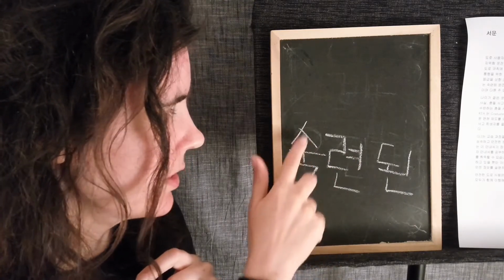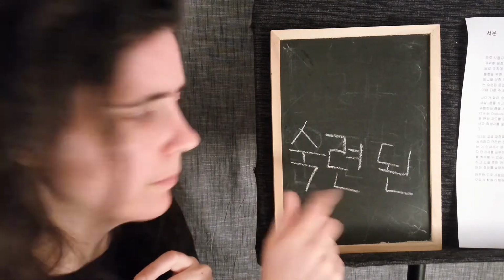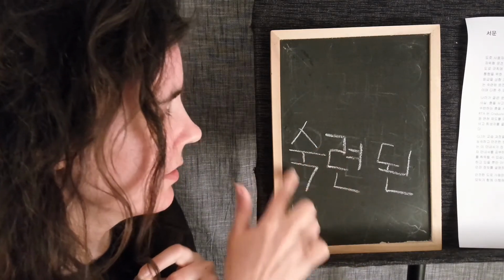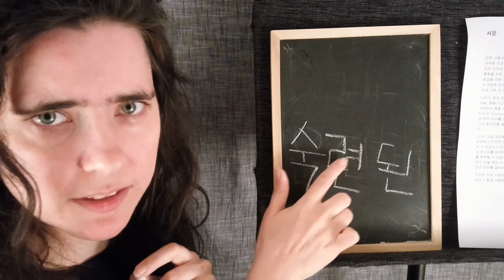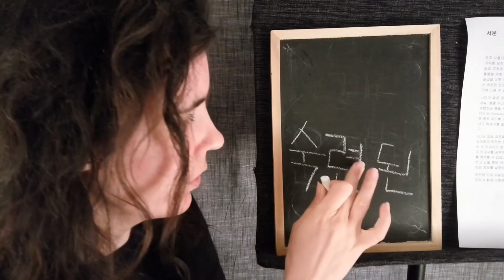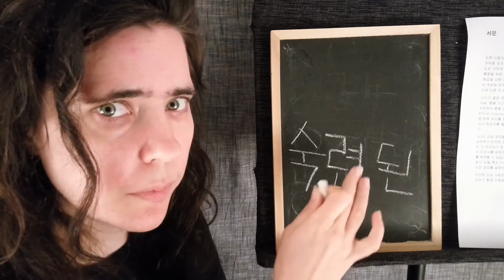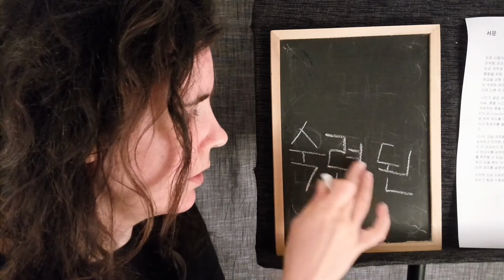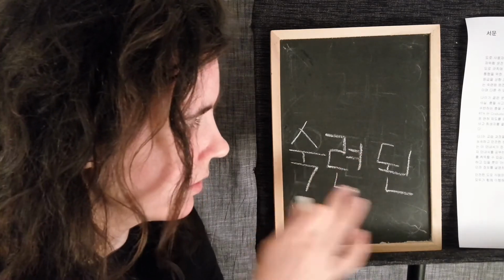So you'll probably just say suryon, because this will kind of disappear. It gets taken over by this sound. And then we have our a, but it's ya, so it's suryon, and our end sound.